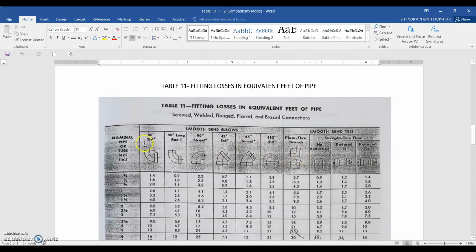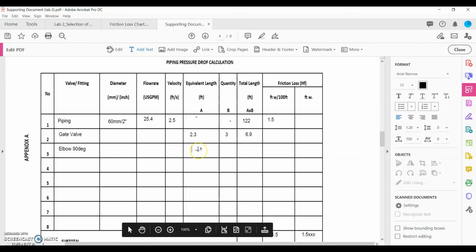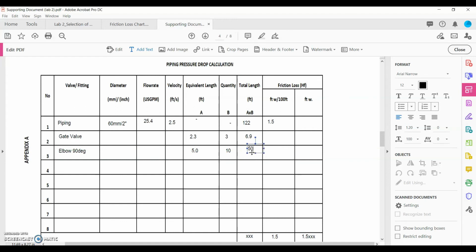For your system, basically they use a 90 degree standard elbow. So let's say the elbow size is 2 inch. So your equivalent length becomes 5. So put here 5.0. Okay, and then let's say you have 10 elbows. So this one becomes 50.